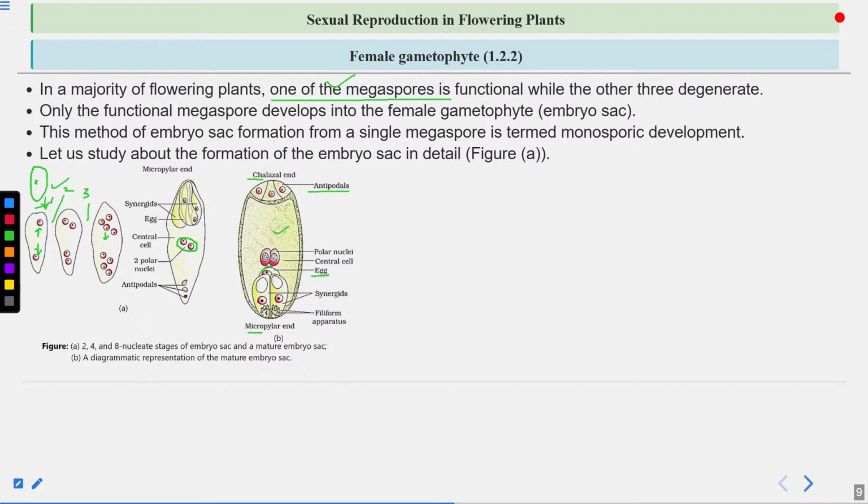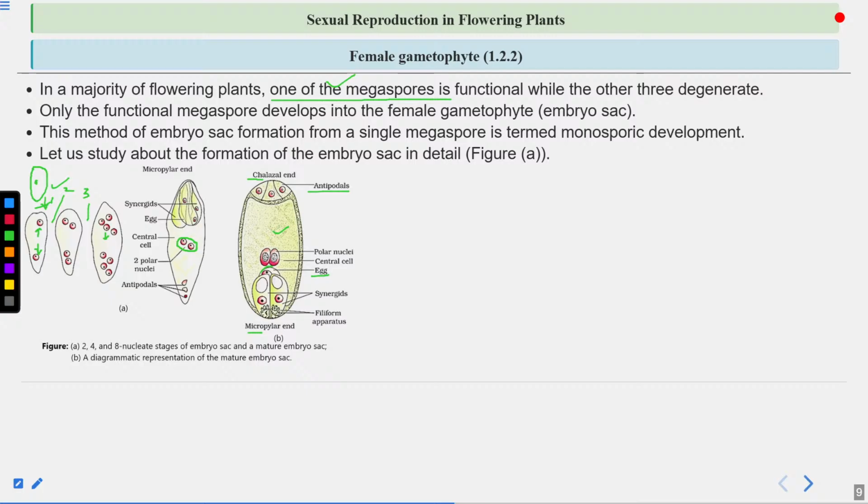So total 7 cells are there. Now count the number of nuclei. 3 antipodal cells, 3 nuclei at the micropylar end, 1 from the egg and 2 from the synergids, total 6. And the central cell has the 2 polar nuclei, so total 8 nuclei.